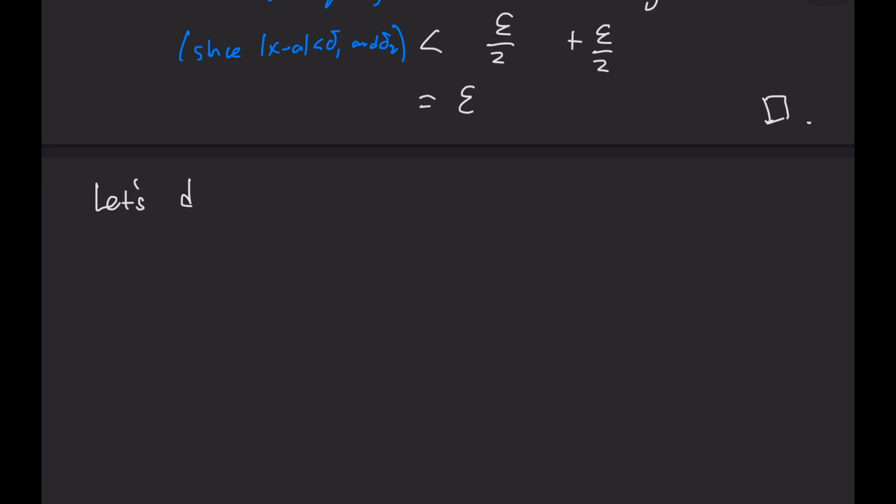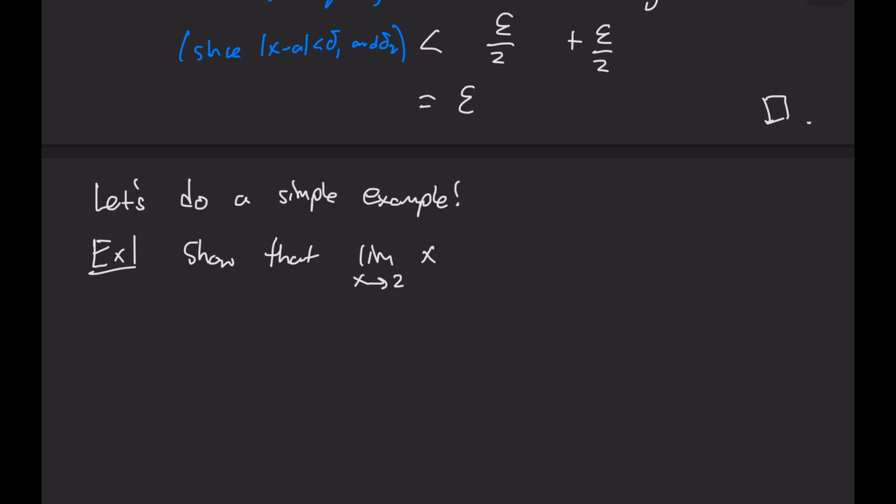So let's see a simple example of a limit to combine what we've done so far. Let's show that the limit as x goes to 2 of x plus 5 equals 7.